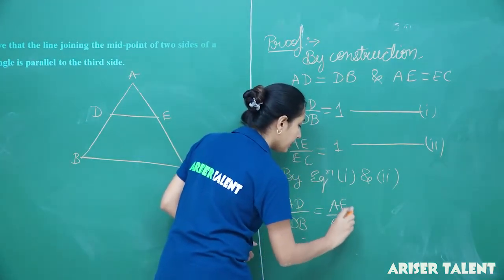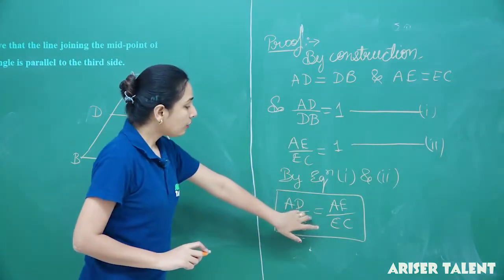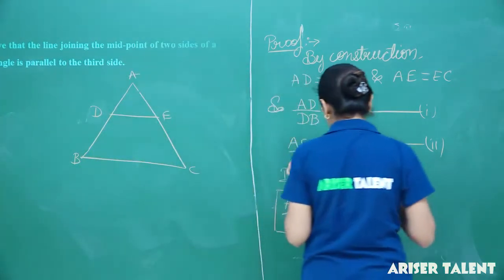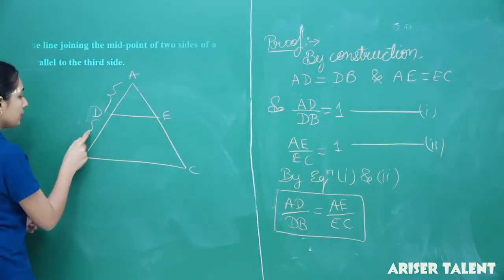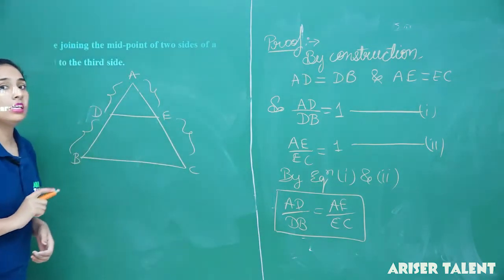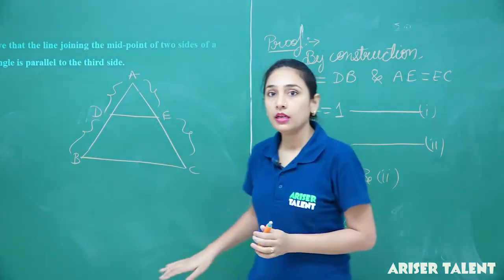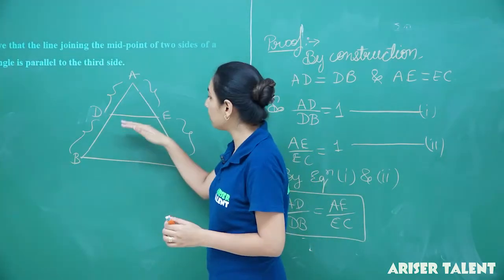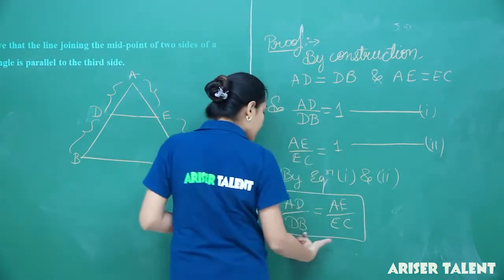Have you seen this anywhere else, is it familiar? We are always saying that this AD ratio this DB equals AE ratio this EC. This is according to Thales theorem. It is proven that if this applies, then by the converse of Thales theorem, DE is parallel to BC, because we are getting this relationship.